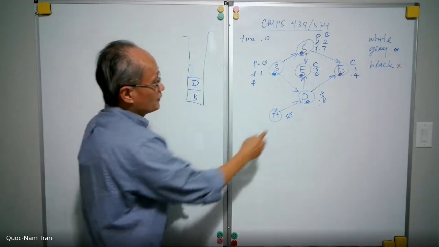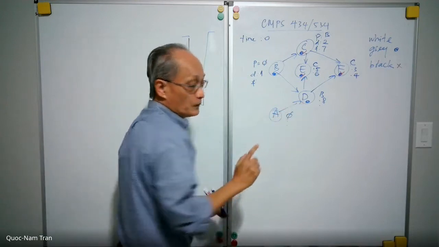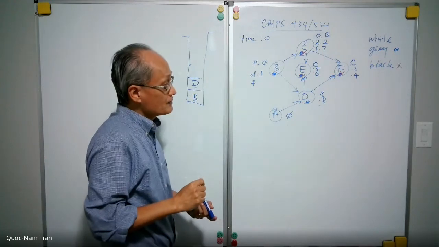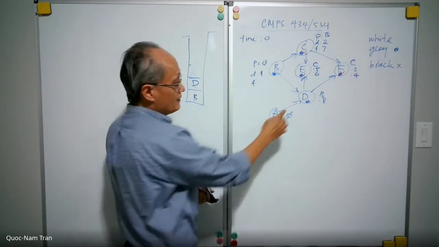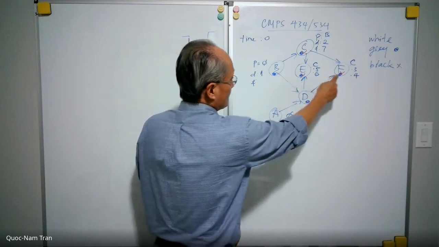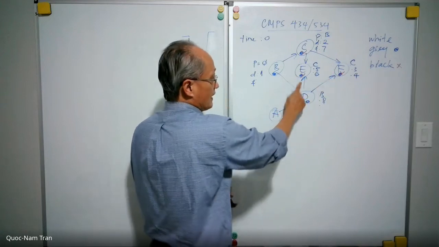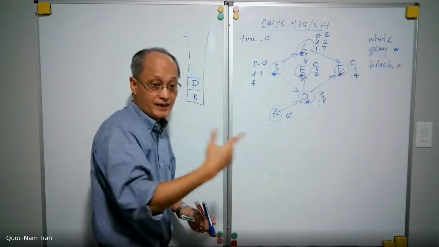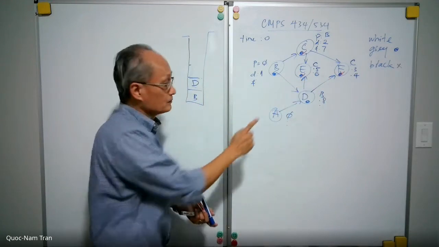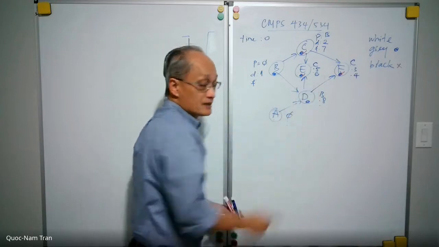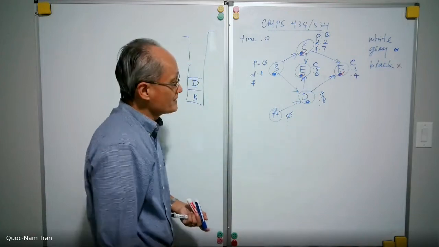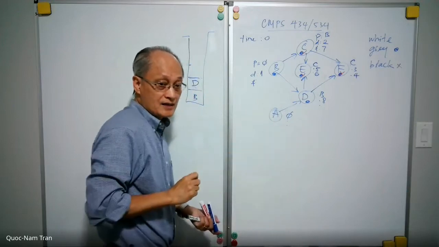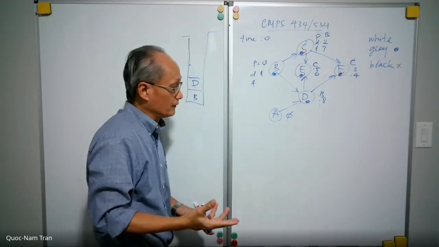When we change the color to gray, we try to discover the adjacent vertices of D. They do have E and F as adjacent, but these nodes have been discovered already, so we don't rediscover them. It means that from D, there are no more adjacent nodes that we need to discover.